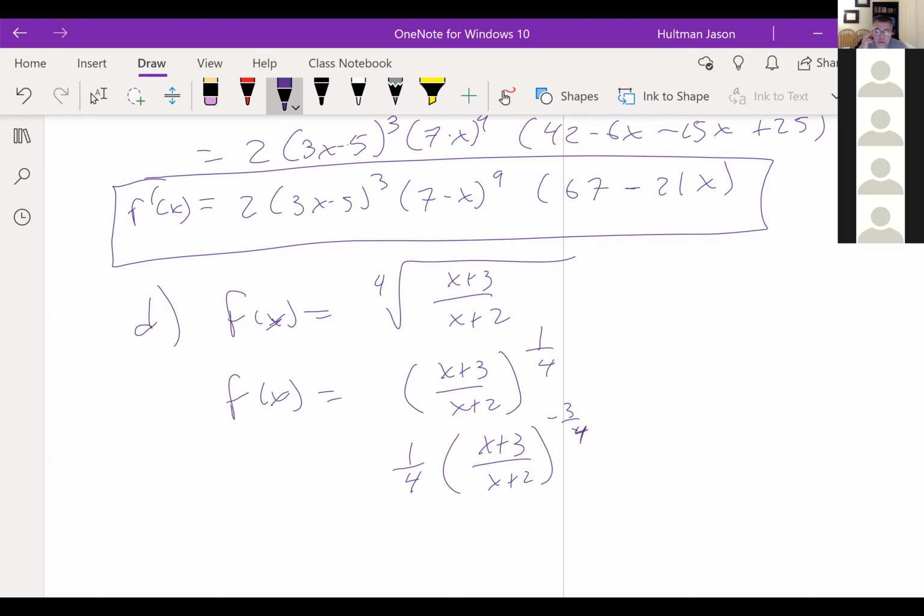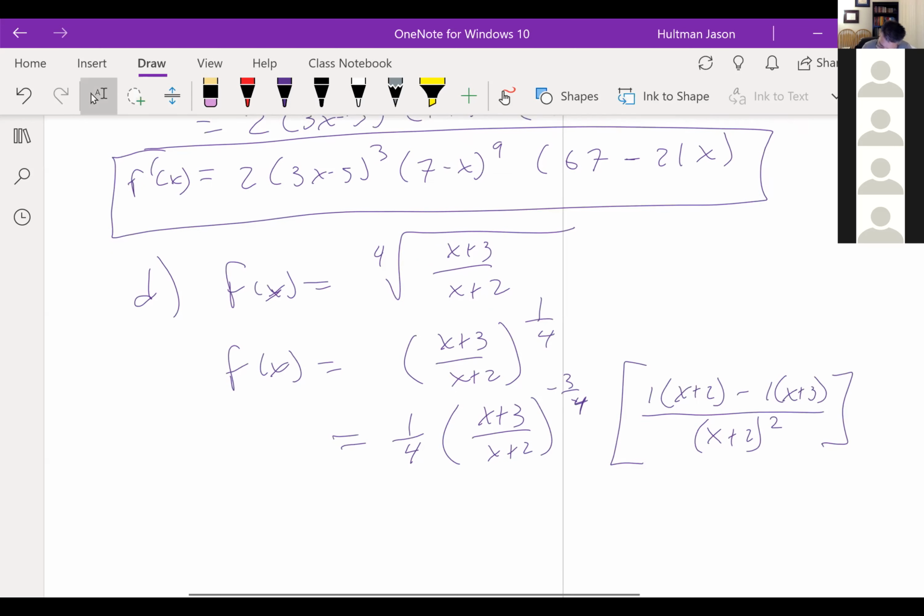It is the quotient rule. Thank you, Mario. So derivative of the top, 1, times the bottom, x plus 2, minus derivative of the bottom, 1, that's kind of nice, times x plus 3, all over the bottom squared, which is x plus 2 squared.